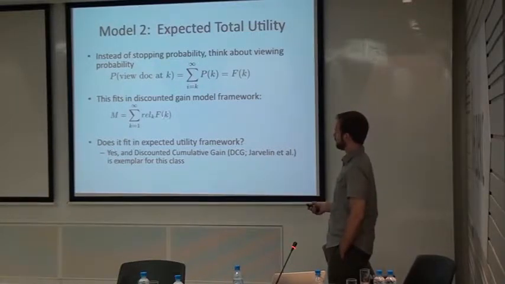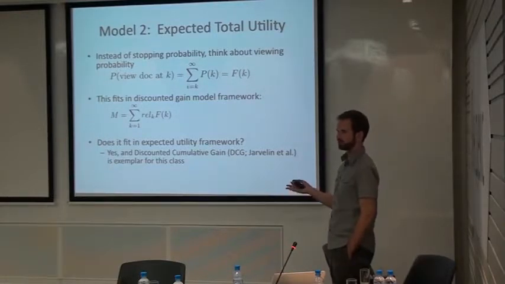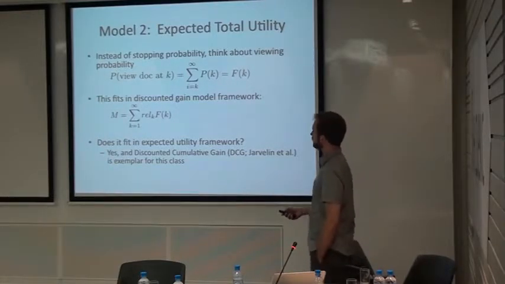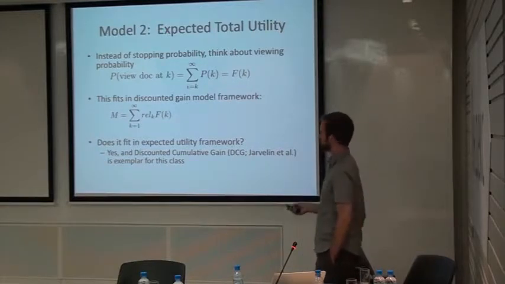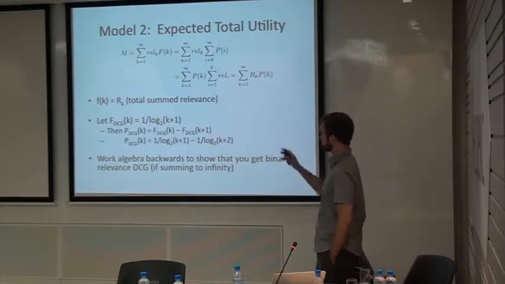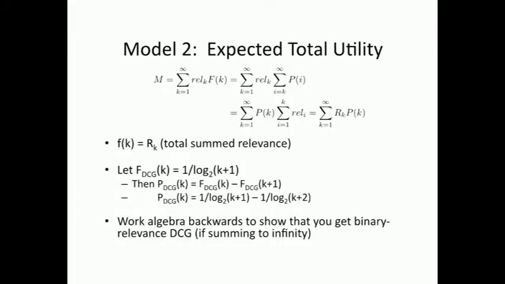Okay, so my argument is that depending on the choices we make in the P of k and F of k, we have four distinct models of user interaction. The first model is going to be expected utility at some stopping point, and I'll talk more about what all these mean, of course. The second model is expected total utility at a stopping point.